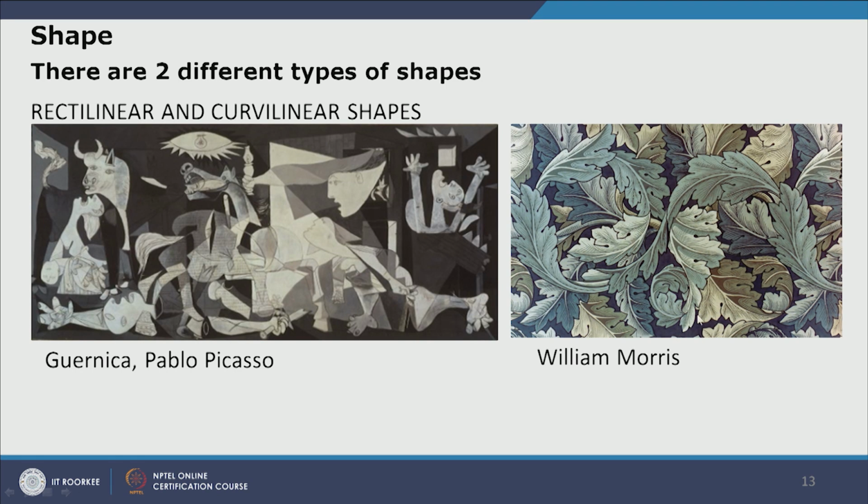On the other hand, we have William Morris's design, which falls in the Arts and Crafts movement. Here we can see a lot of curvilinear shapes, which have fewer angles but more curves.